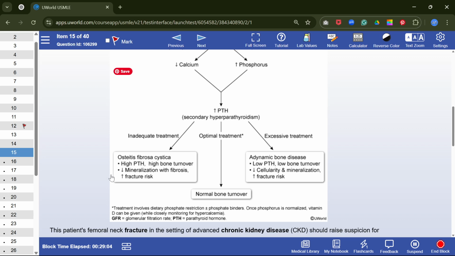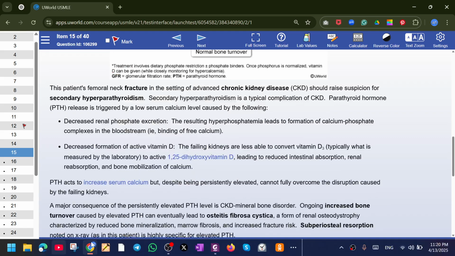Parathyroid hormone is released from the parathyroid gland. It will cause increased bone resorption and increased calcium release. In the kidney, it will increase calcium reabsorption, and it will increase 1,25-dihydroxyvitamin D, which will increase GI calcium and phosphorus absorption, which will increase the circulating calcium.